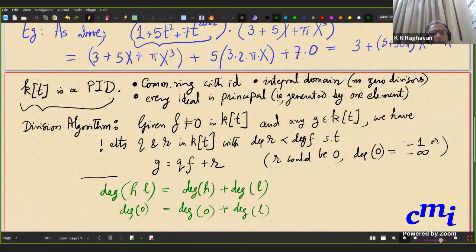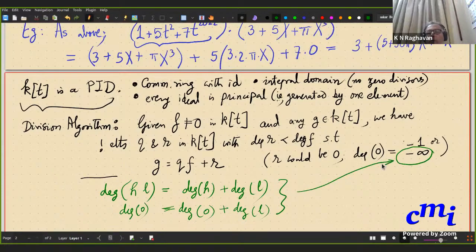So the correct convention is minus infinity. Because when I put minus infinity plus any finite thing, it is still going to be minus infinity. So this motivates that I should choose my degree of 0 to be minus infinity.